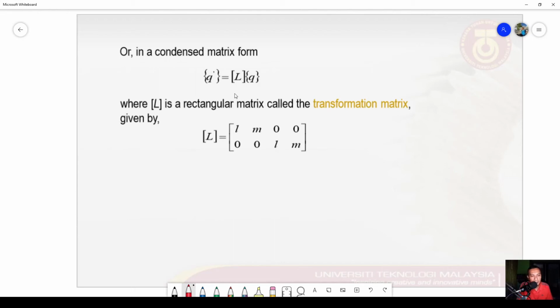This matrix L is called the transformation matrix, and it only takes these coefficients or values from the cos theta and sin theta of our elements. So that means when we are dealing with plane trusses, the inclination angle of our elements is very important and has to be considered accordingly.